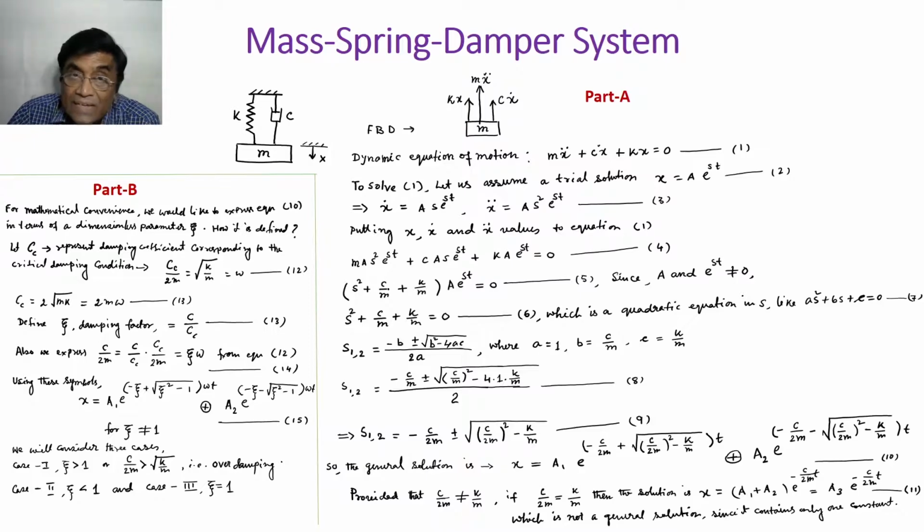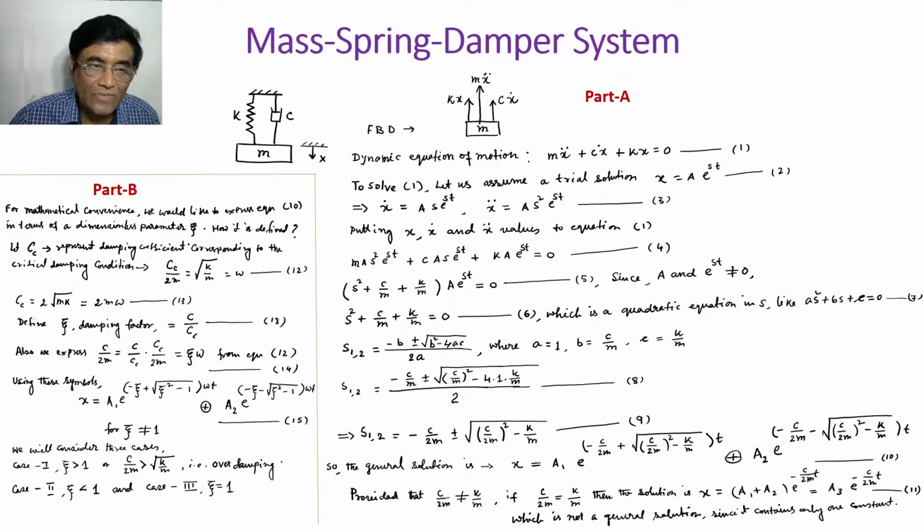Since the second order system is a linear one, I can compute the total solution by simply adding these two roots, because the principle of superposition holds good if the system is linear. For mathematical convenience, I wanted to express this in terms of a dimensionless parameter.